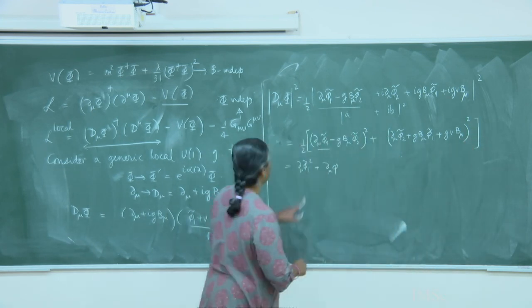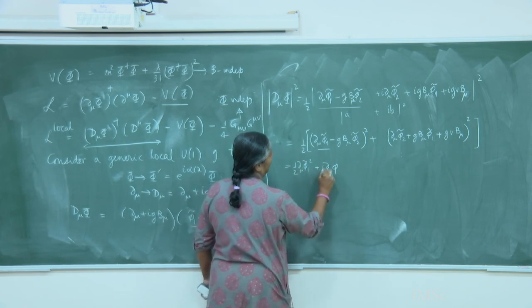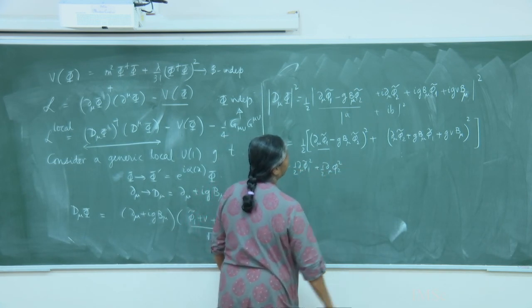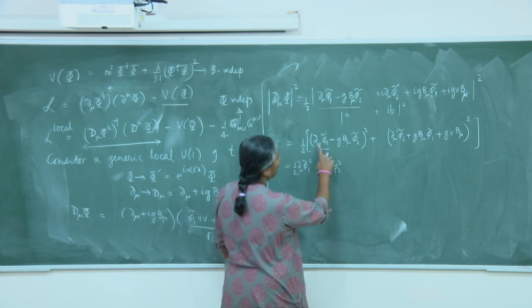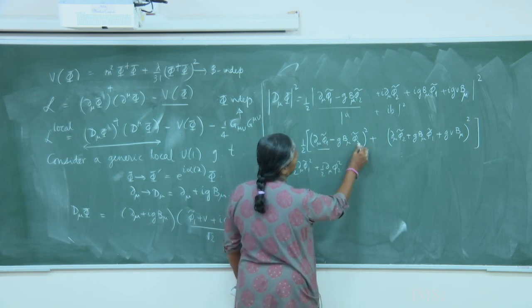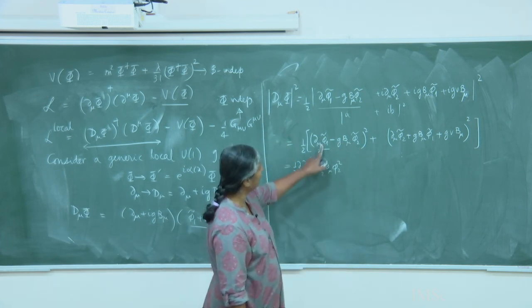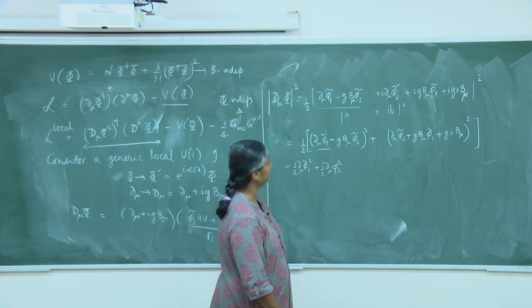I noticed that because I have to get half D mu phi 1 squared plus half D mu phi 2 squared, okay. Then the square of this is the phi 1 phi 2 B term, that is the interaction term between phi 1, phi 2 and B, right.